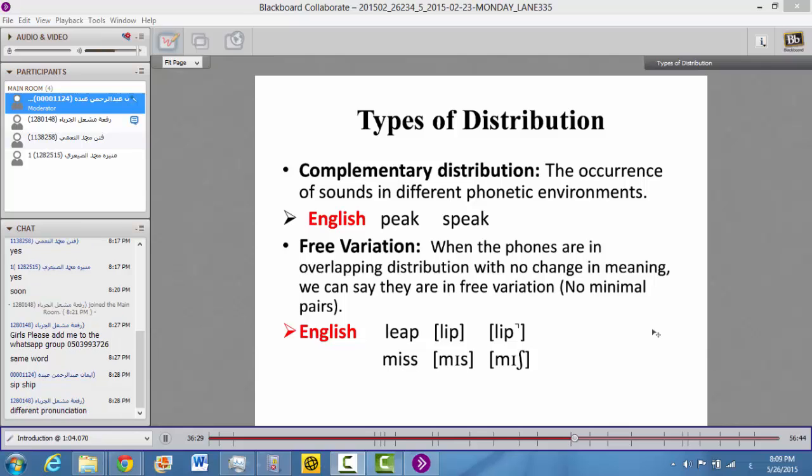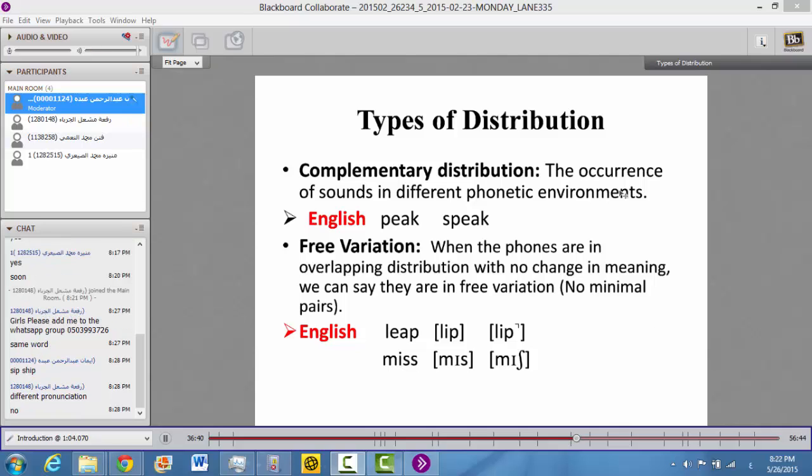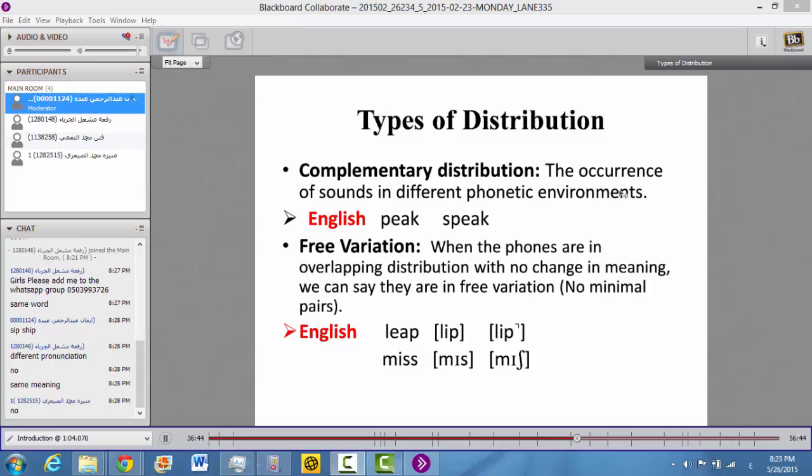Do we have any signaling or a difference in meaning when I say I miss you or I mish you? No. But if I say sip and ship, are they the same or different? Are they allophones or phonemes? The sounds sa and sha in sip and ship, are they allophones or phonemes?